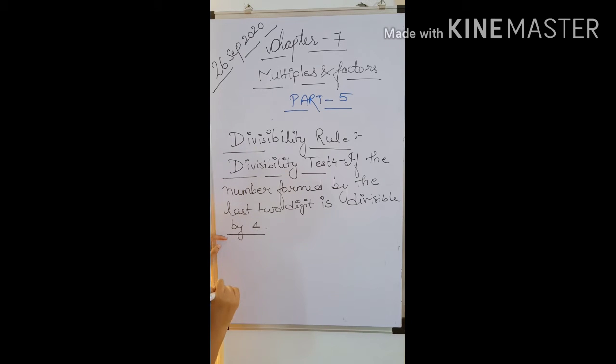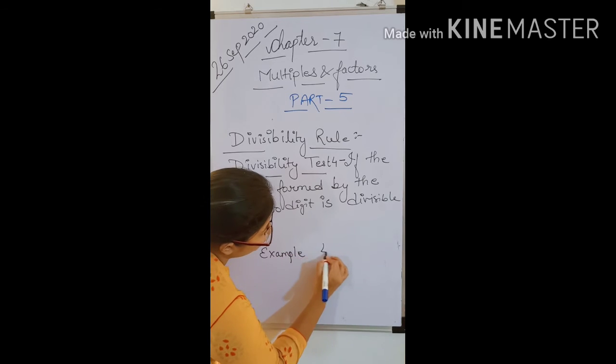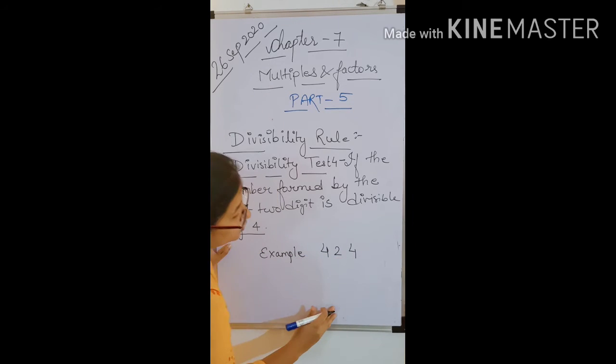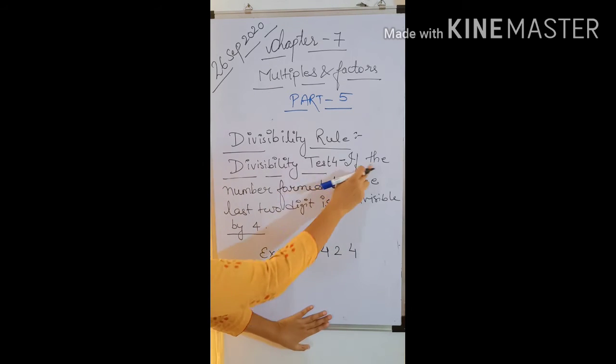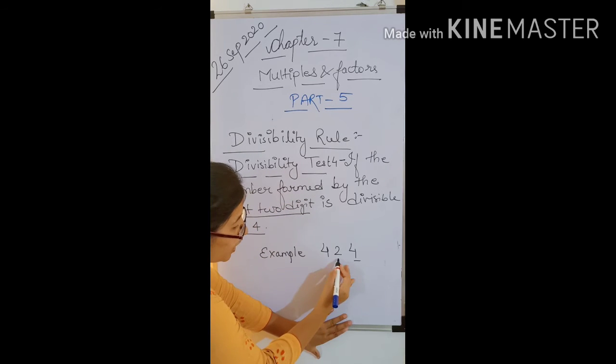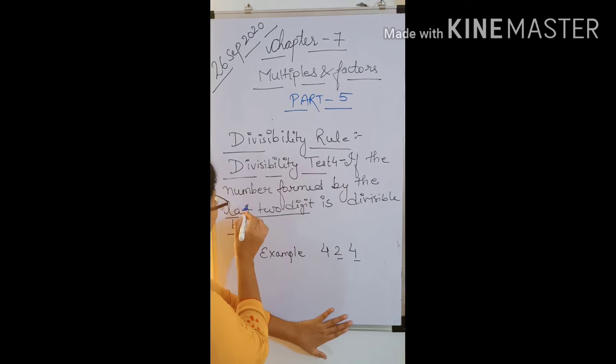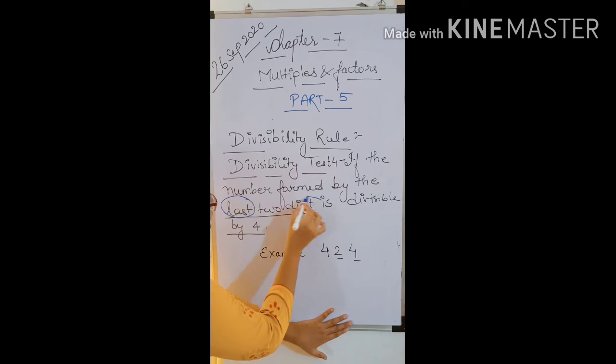If I take a number as an example, the number is 424. So what do I observe? It is written: if the number formed by the last 2 digits. Yes, the last 2 digits will be 2 and 4. Please remember this: we have to look for the last 2 digits of the number.